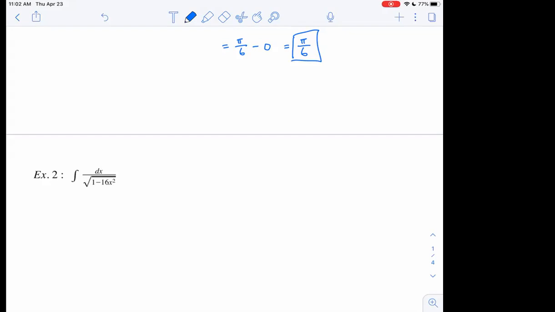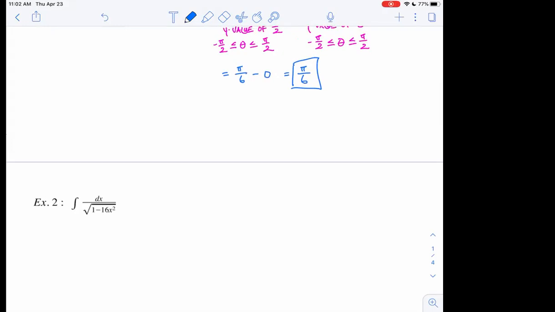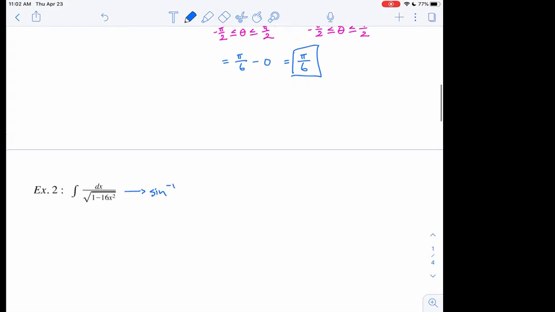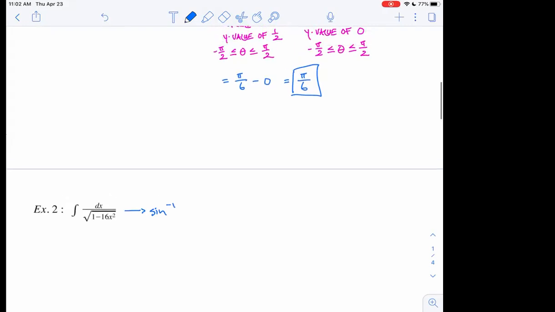Yeah, this one is going to be arcsine. And so I know the arcsine is going to be u over the absolute value of a. So it's going to be really important that I identify my u and I identify my a.